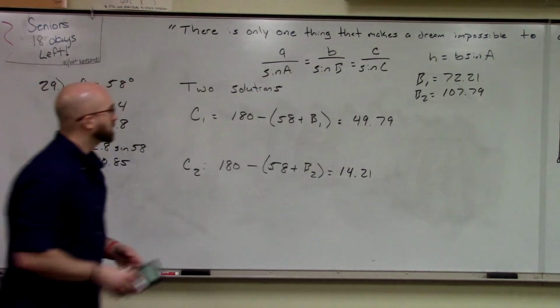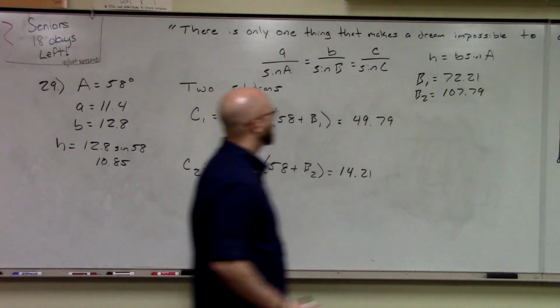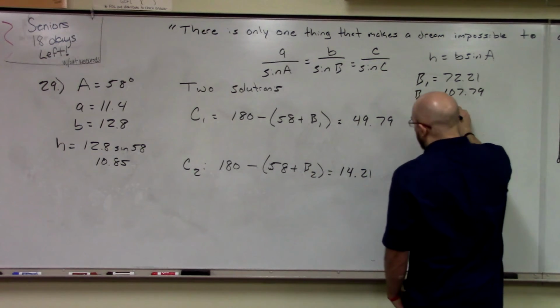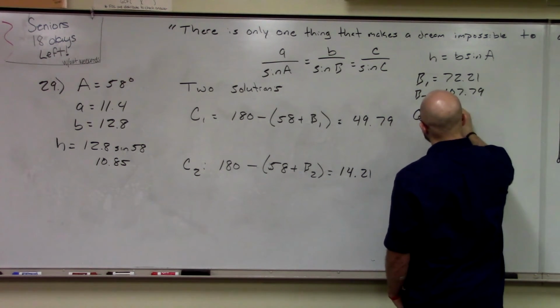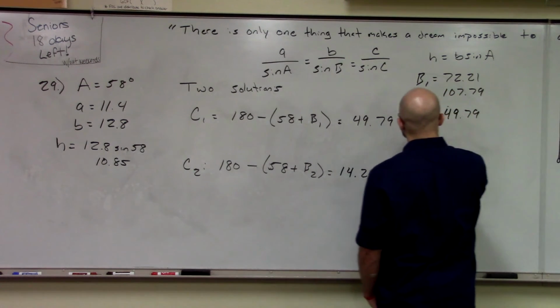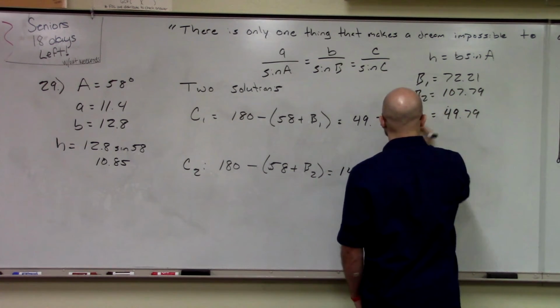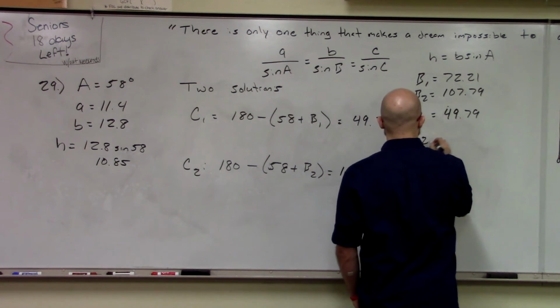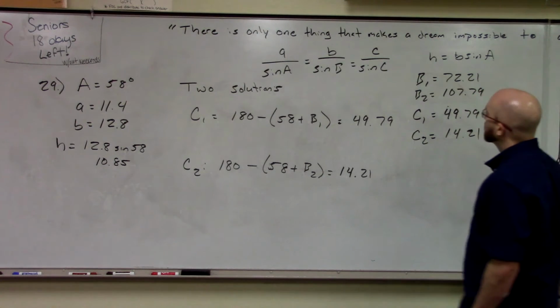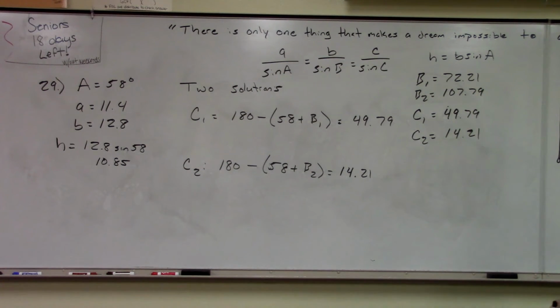So those are answers for C1 and C2. So I'm going to go ahead and write that over here as well. So we're almost done. We got almost all our answers.